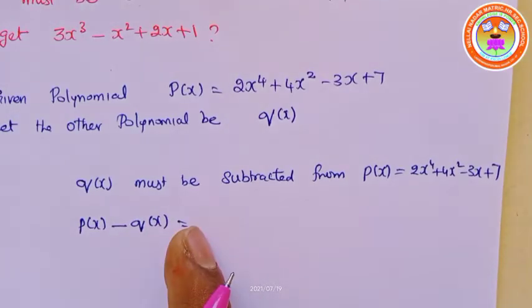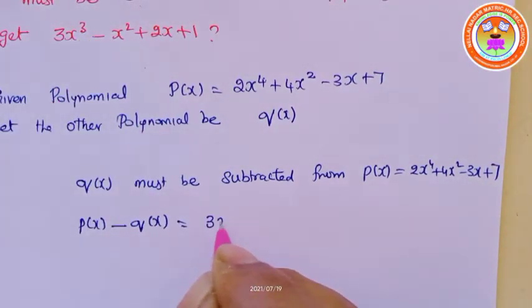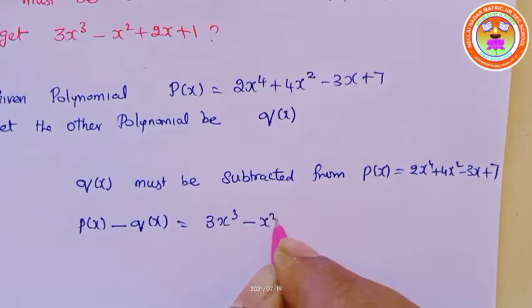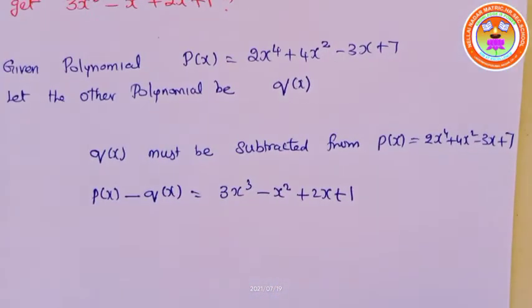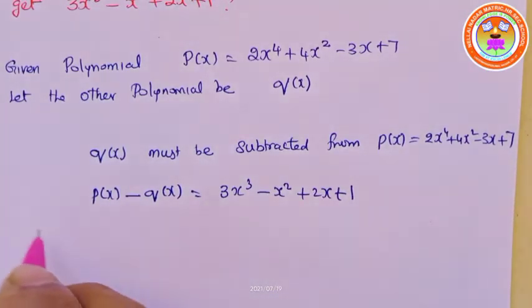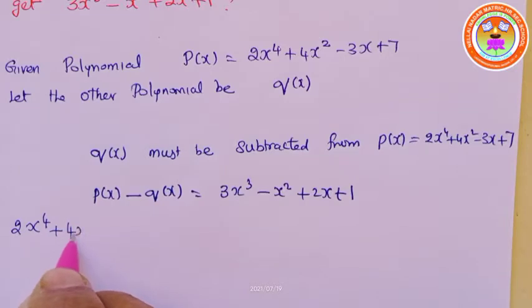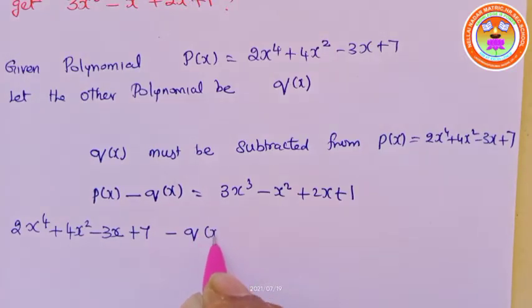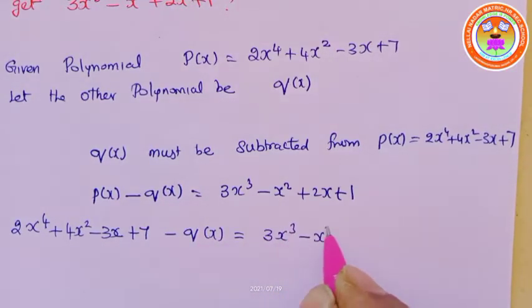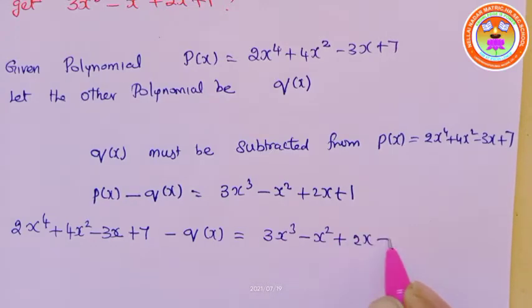Okay, subtracted from, you get what? 3x cube minus x squared plus 2x plus 1. It's clear, children? What is p of x here? P of x is 2x power 4 plus 4x squared minus 3x plus 7 minus q of x you have to find, that is equal to 3x cube minus x squared plus 2x plus 1.